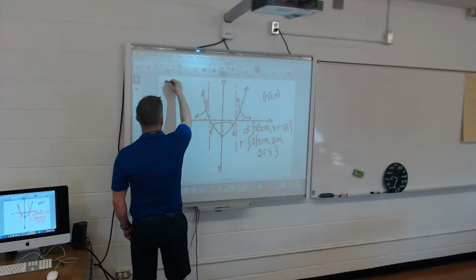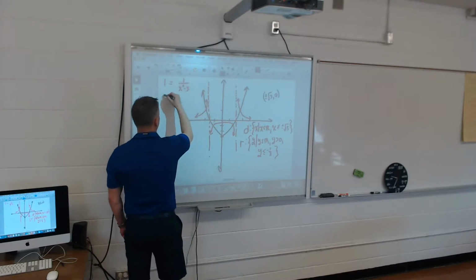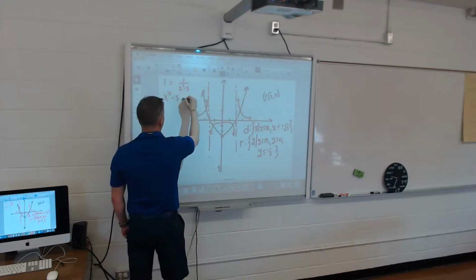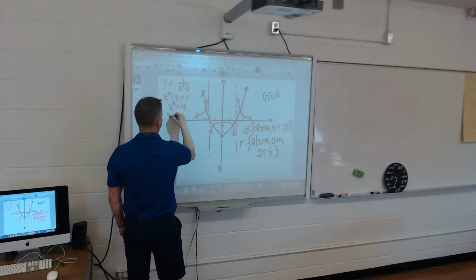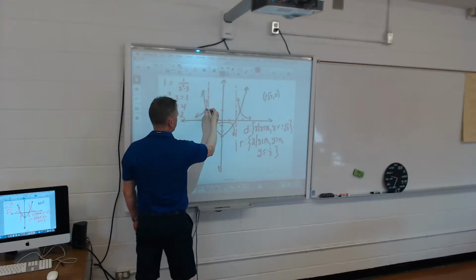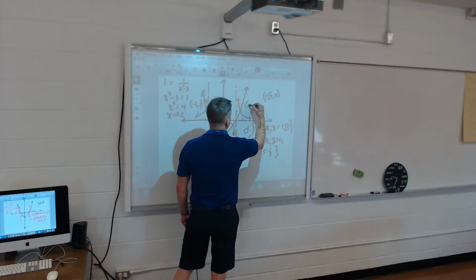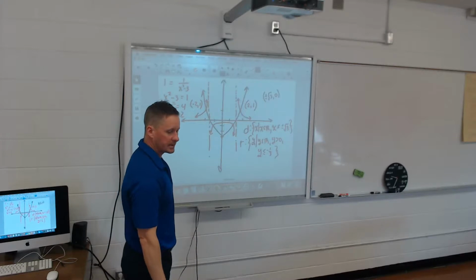We could go 1 equals 1 over x squared subtract 3. X squared subtract 3 equals 1. X squared equals 4. X is equal to plus minus 2. So this guy is negative 2 and 1. This guy is 2 and 1. So there's two of the invariant points.